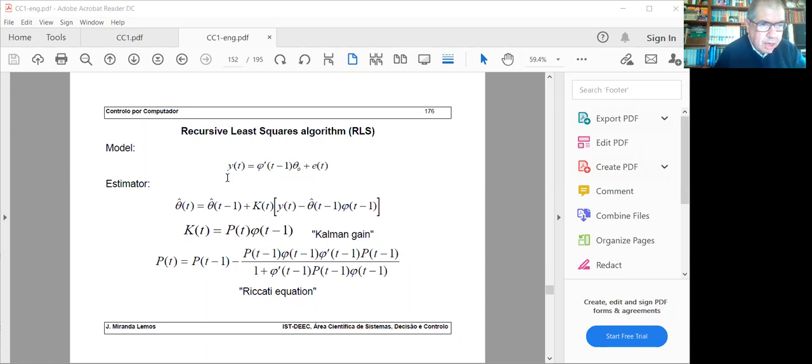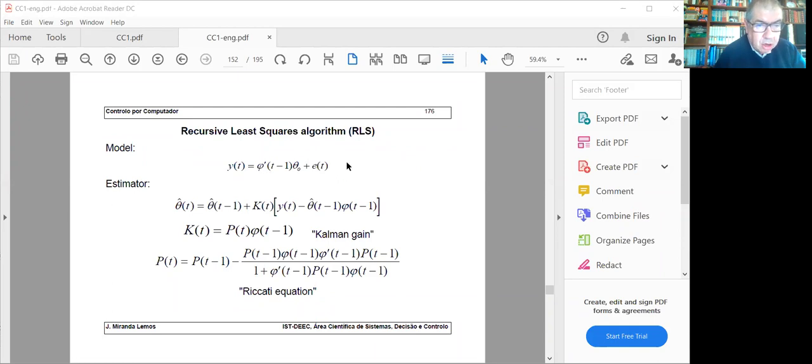Suppose that you have the linear regression model y of t equals phi transpose t minus 1 theta o plus some noise. Theta o is a vector of parameters whose values you don't know, and you want to estimate these parameters by making observations on y and phi.